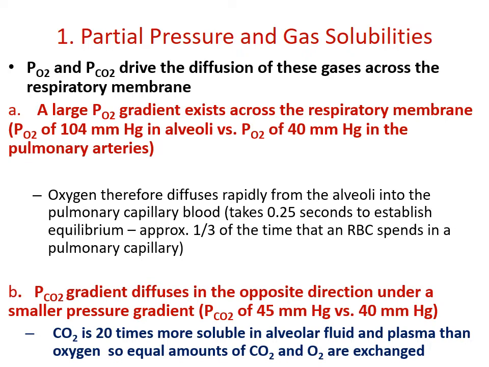The hemoglobin is present within the RBC, so it picks up the oxygen from the capillary blood as soon as it diffuses from the alveoli, and it is very quick in action because of the large pressure gradient. Another thing is that carbon dioxide is approximately 20 times more soluble than oxygen. So solubility also matters, as it determines how fast the diffusion takes place.